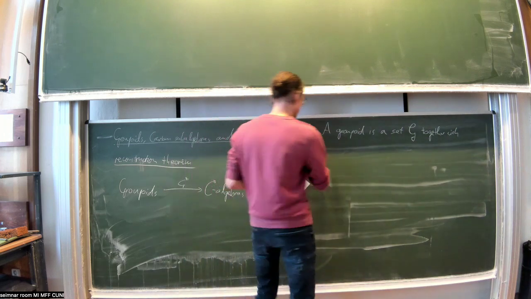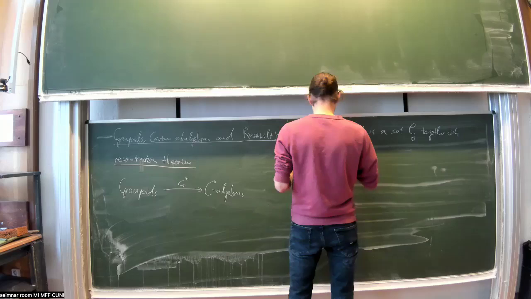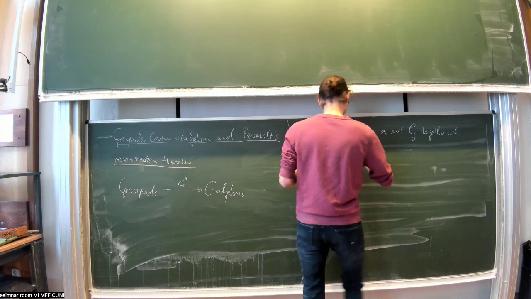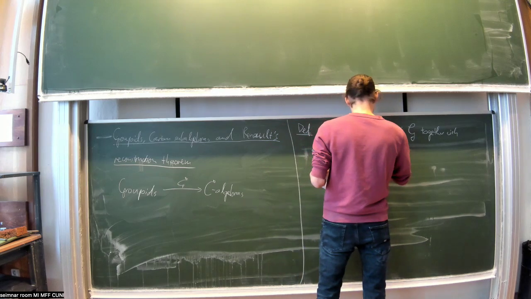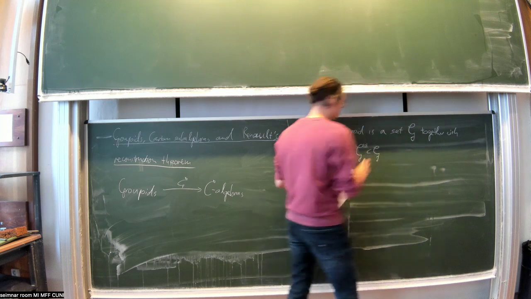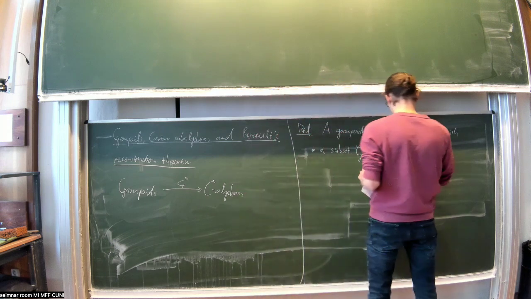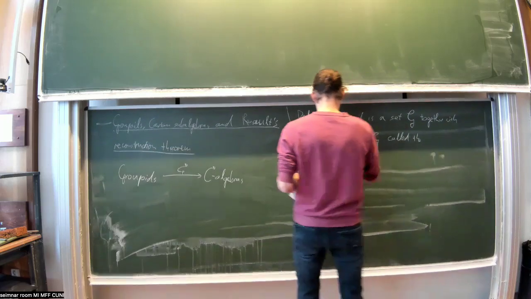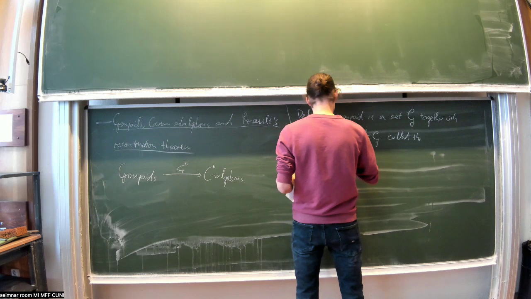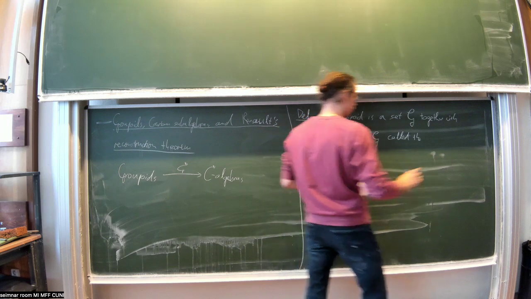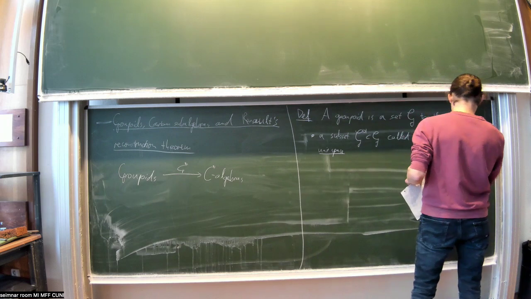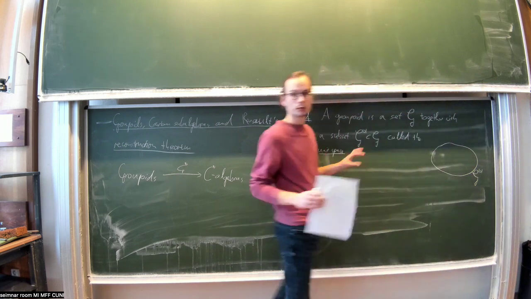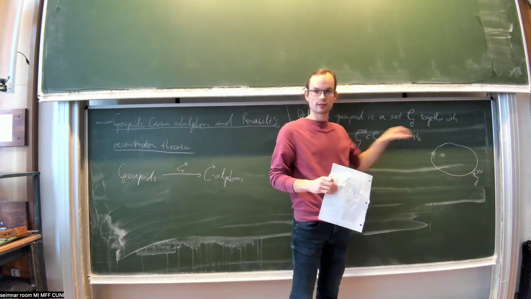Okay, so first of all you have a space of units, the subset G naught of G called the unit space. Imagine just some set, and now elements of the groupoid will be arrows between points in the unit space.